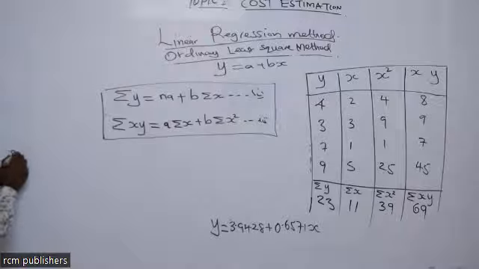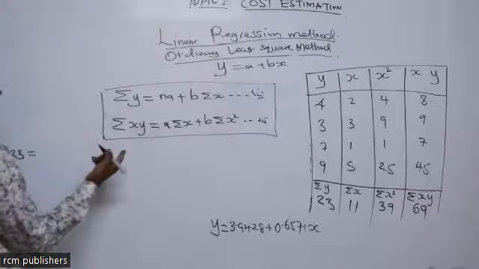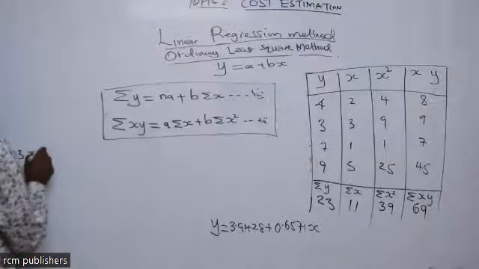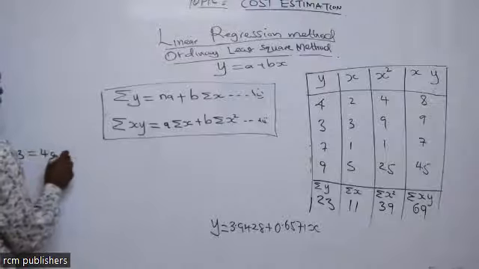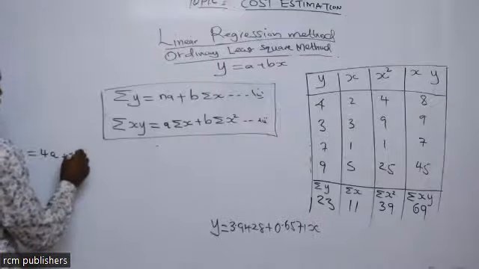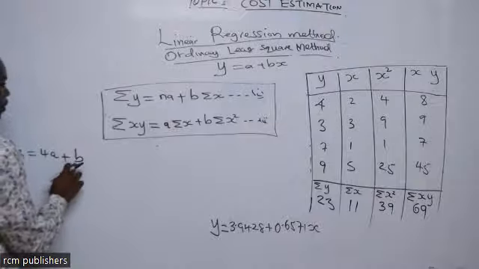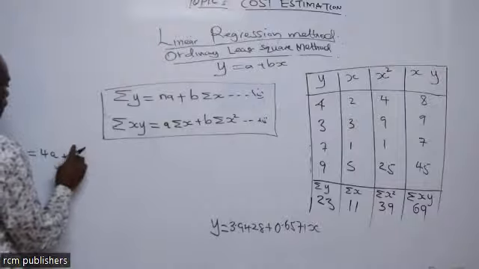Summation of Y is 23 is equal to NA. Our N is 4, but A we do not have. So we have 4A plus B times summation of X, which is 11B.